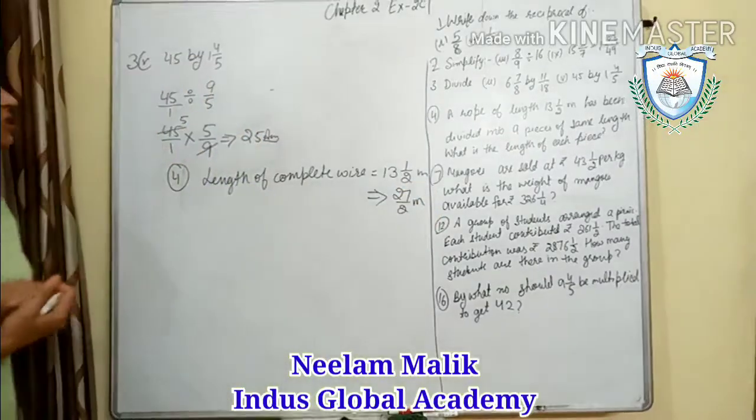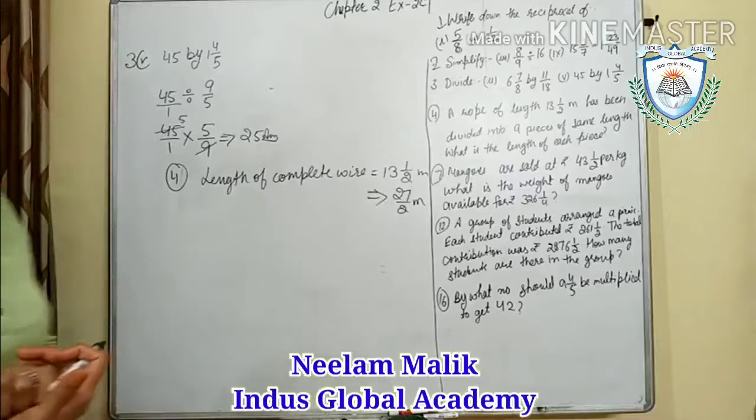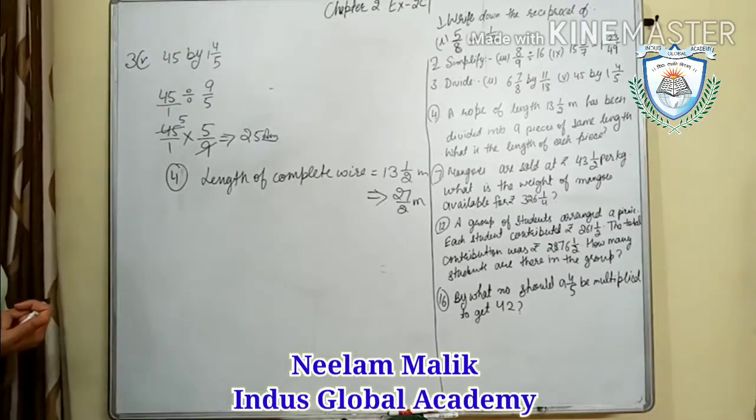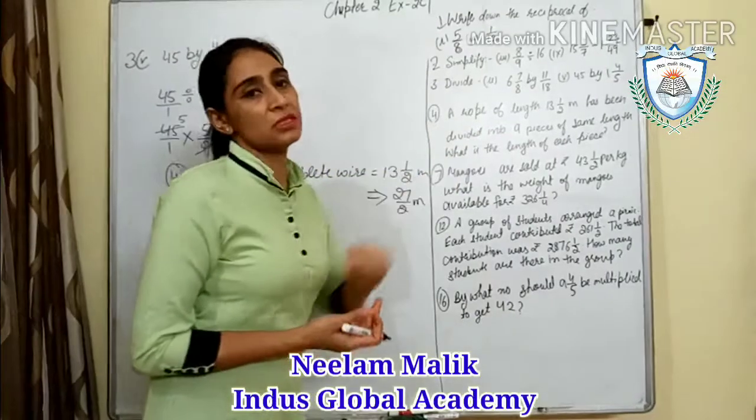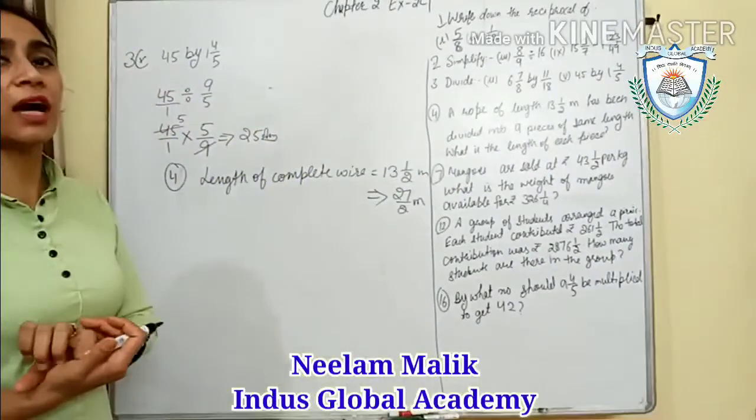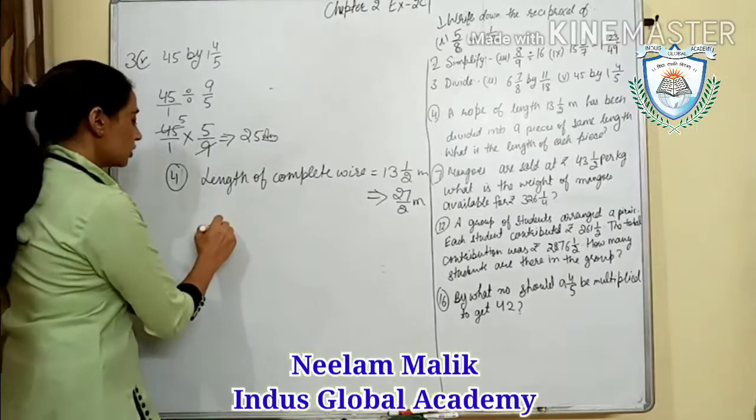So this is the length of the complete wire. What is the length of each piece? How many pieces do we have to cut? 9.